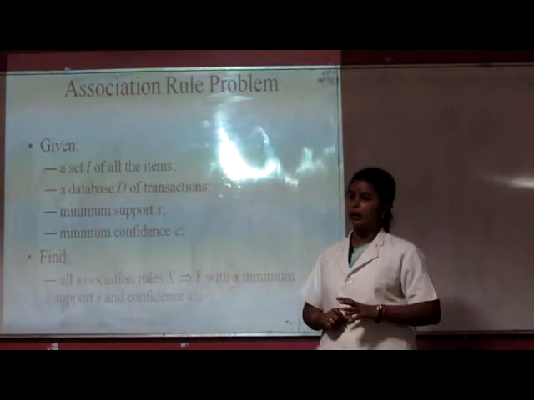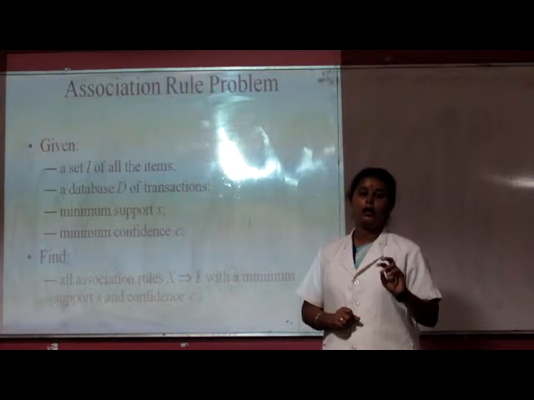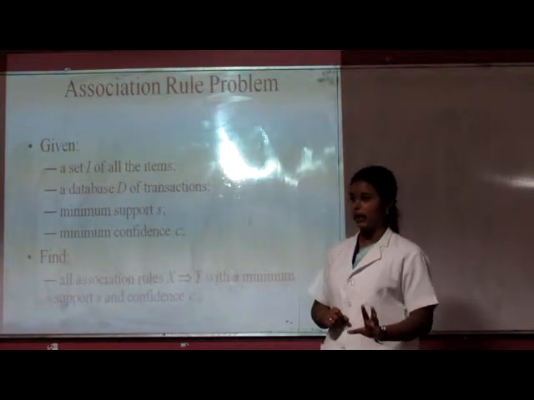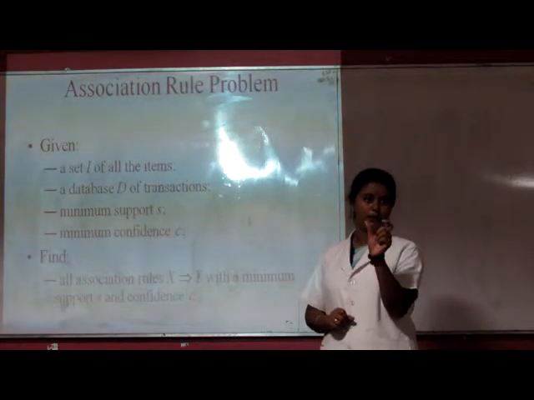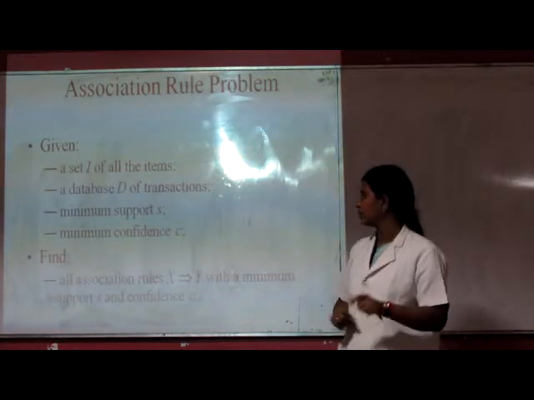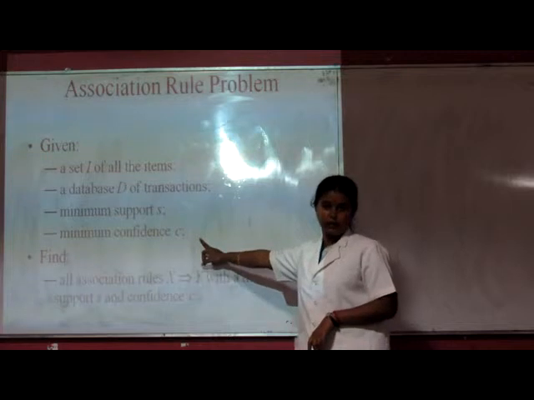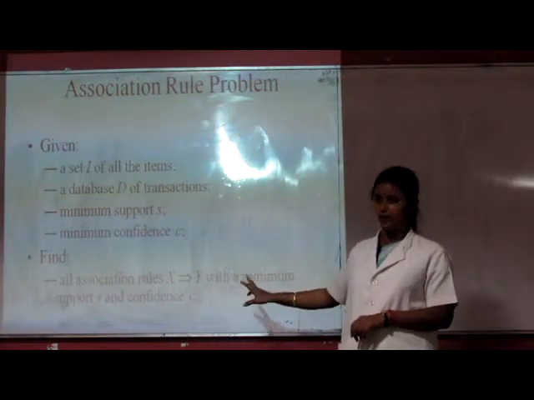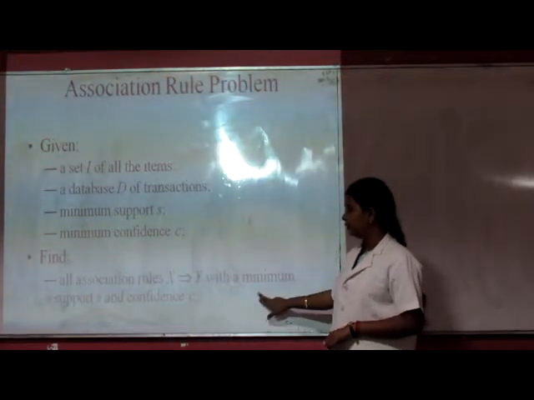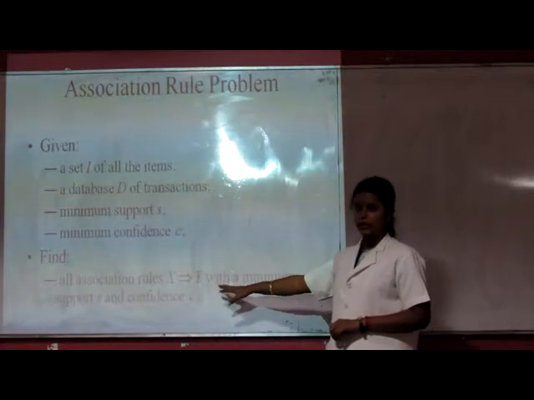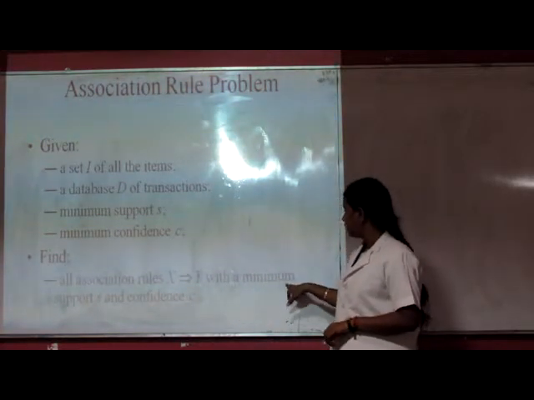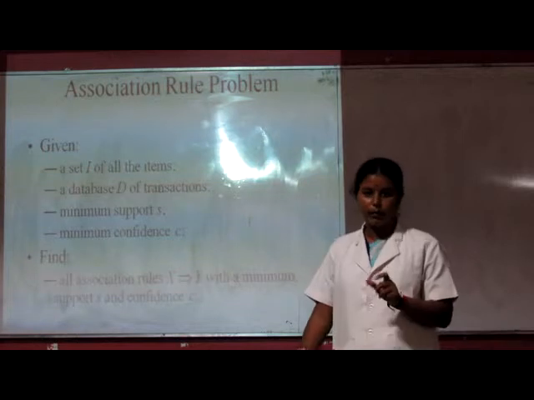Among 100 transactions, at least 20 transactions should have a particular item per day, so I set the minimum support level. Then you can give your minimum confidence level also, and then you have to find the association rule: X is associated with Y with the minimum support and minimum confidence.